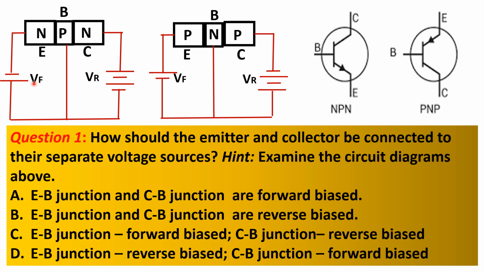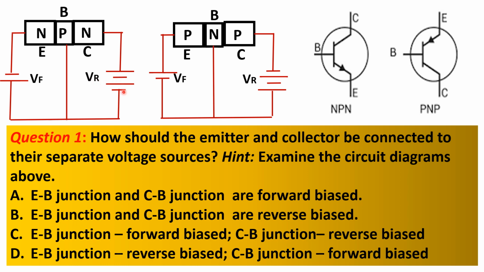VF specifically suggests that the battery here is forward bias, while VR represents the voltage in the CB junction, labeled VR, therefore it represents reverse bias.